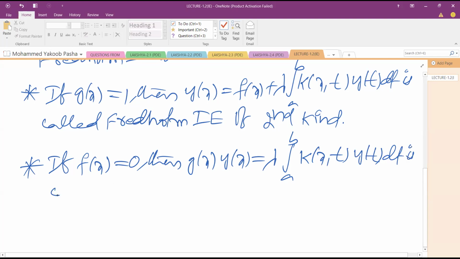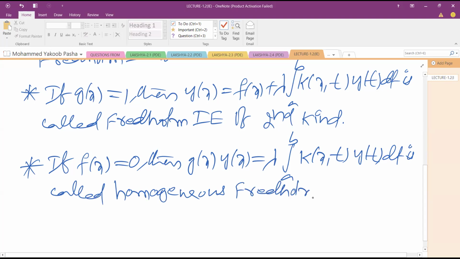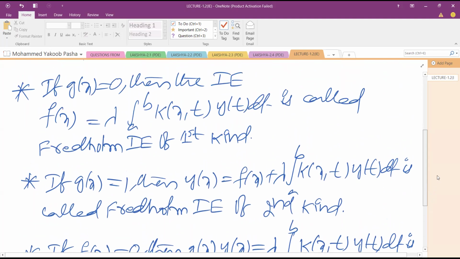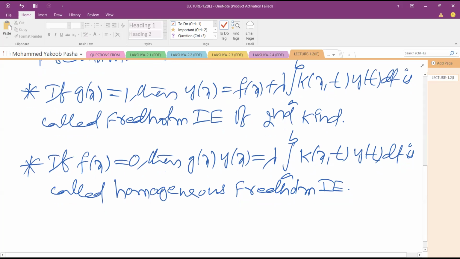This integral equation is called the homogeneous Fredholm integral equation. These are the important types of Fredholm integral equations: first kind, second kind, and homogeneous.